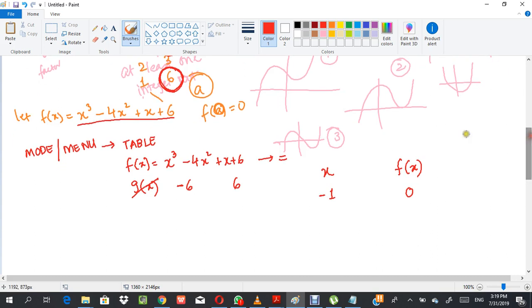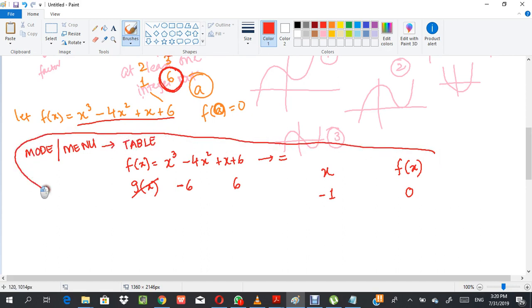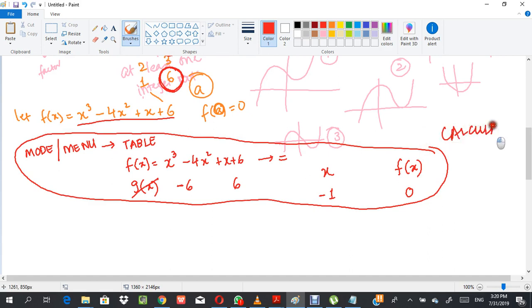Now this is some working that you have done on your calculator. This is not anything that you will show on your examination. This is just calculator stuff. Now what you will say is, when x is equal to negative 1, f of negative 1 is equal to, you will show the first substitution. And we know that this is going to give us 0.